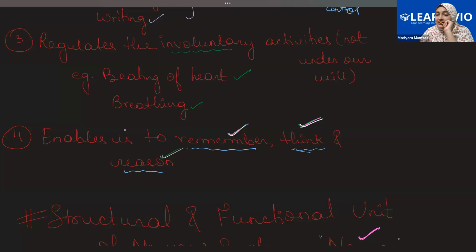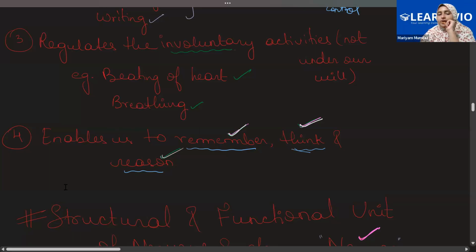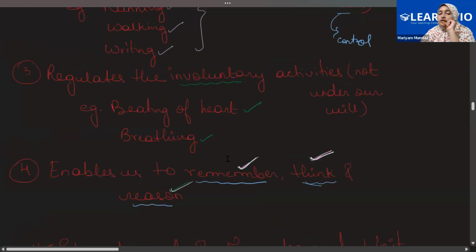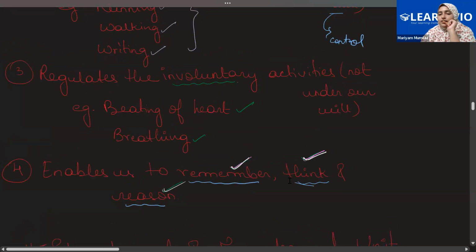That is the reason why some people who have some kind of mental disorder are not able to think properly, not able to reason properly, because their brain is not working in a proper way. So that is a very important function of the nervous system that makes us who we are.